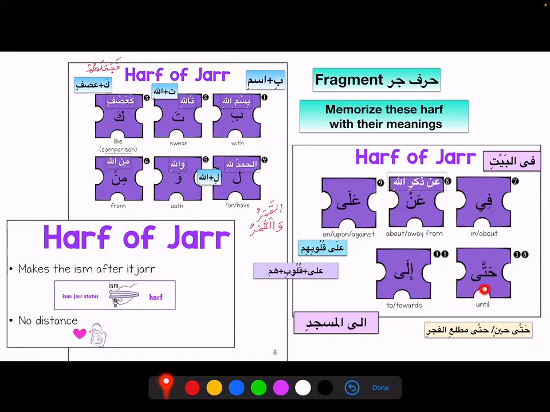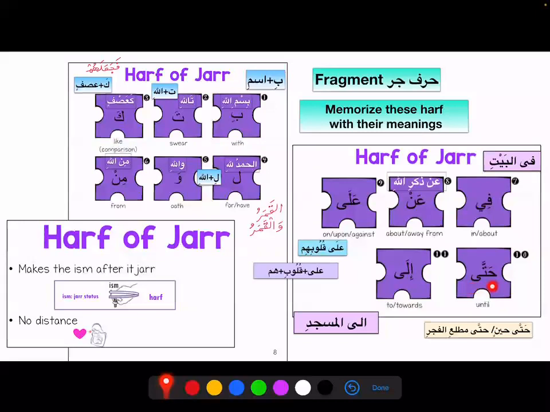Then we have hatta. Hatta means until. And hatta, again, same like lam has different roles, waw has different roles, right? Even min has different roles. So we are learning about these harfu jar, but many of them have many other roles to play too. Hatta is also one of them.